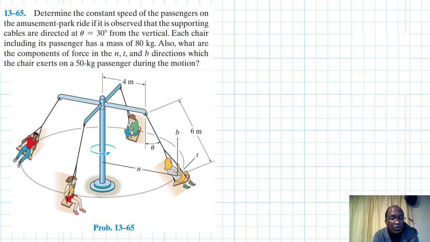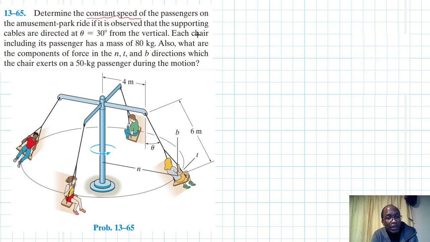This problem is coming from Engineering Mechanics: Dynamics, 14th edition by R.C. Hibbeler. Here we are being asked to determine, in the first case, the constant speed of the passenger on the amusement park ride if it is observed that the cables are directed at theta equal to 30 degrees from the vertical.